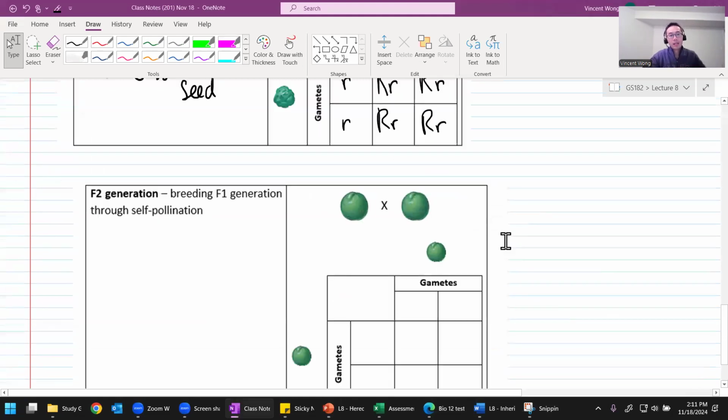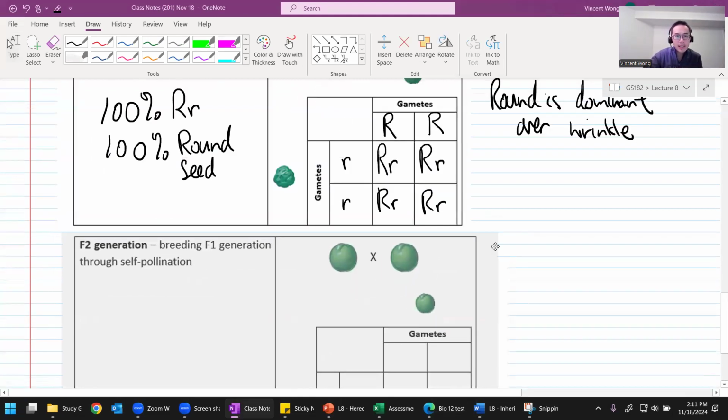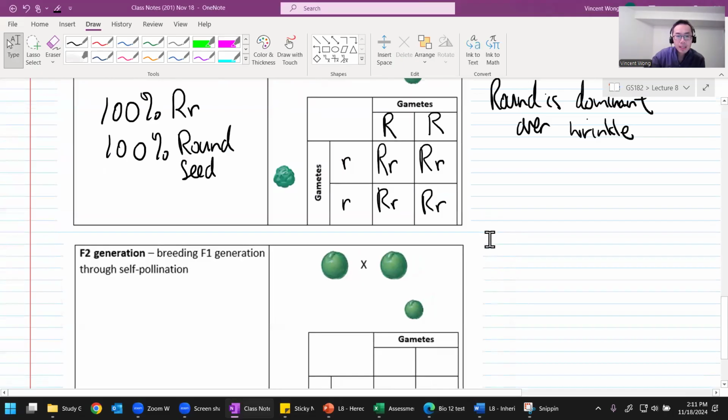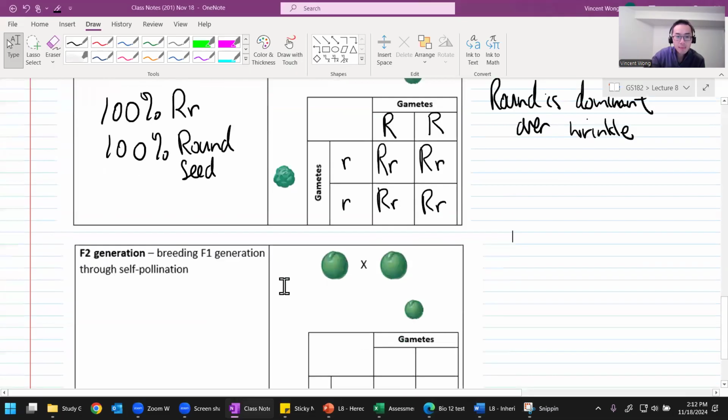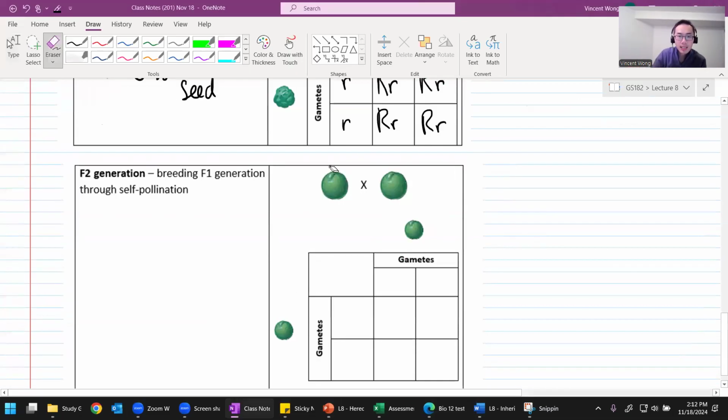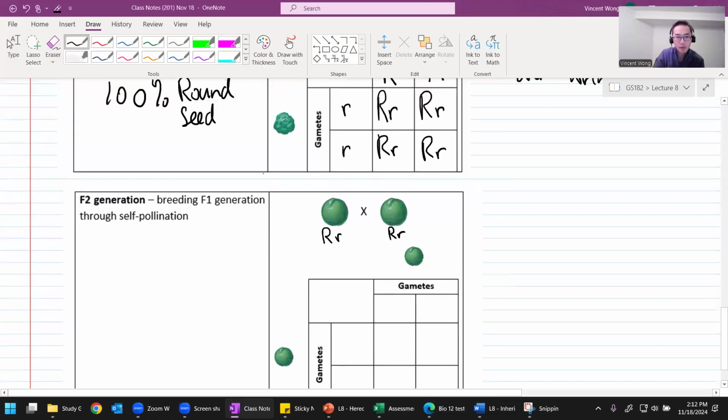So what he did next was that he took the plants from the F1 generation. In other words, he took two plants that are heterozygous round seed, and then bred them. So this is from F1, and it's big R, small r, big R, small r. They're all big R, small r from the first generation.